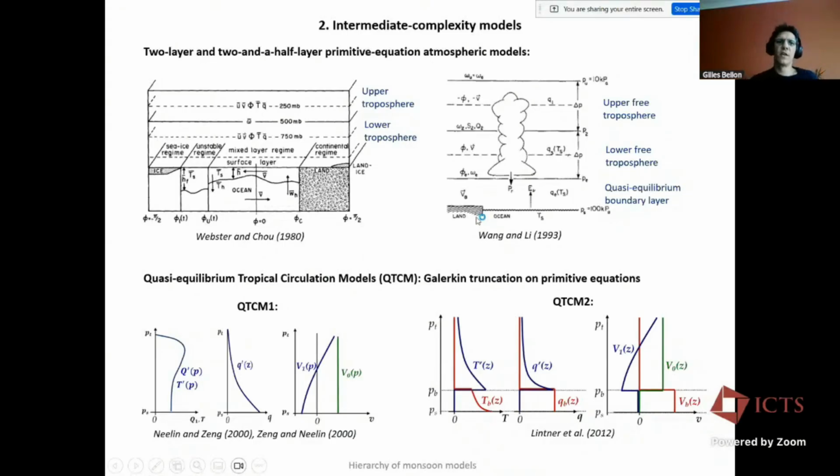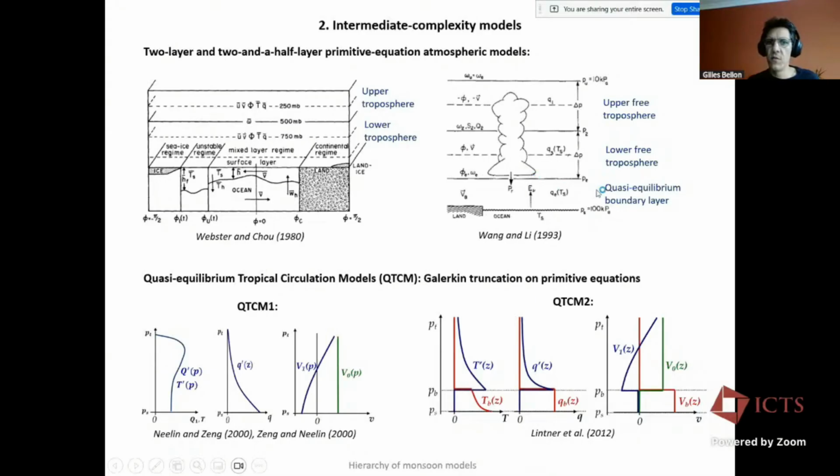And then you've got what I will call 2.5 layer models, which were first proposed by Wang and Li. Essentially, in this type of model you've got also two layers, but for the free troposphere this time, not for the whole troposphere. And then below that, you have a boundary layer.